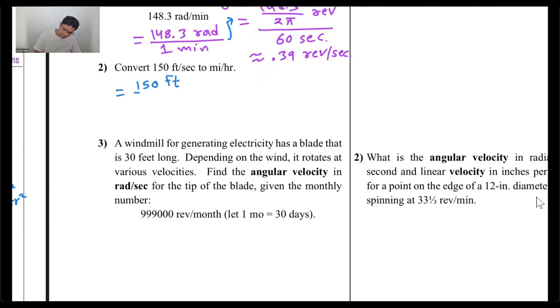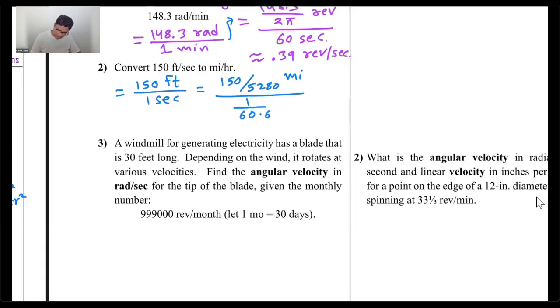This is 150 feet over 1 second, which then you would write as 150 divided by, because you are converting to miles, 5280 feet per mile, over hours, right? 1 second is 1 over 60 minutes times another 60, then that will become hours. So basically every unit in the numerator and denominator, do the conversion. Your answer will be taken care of.